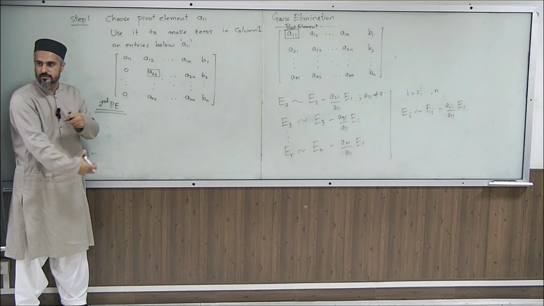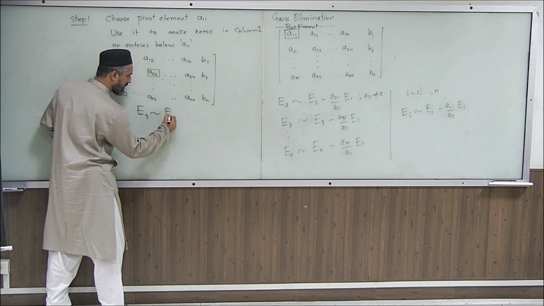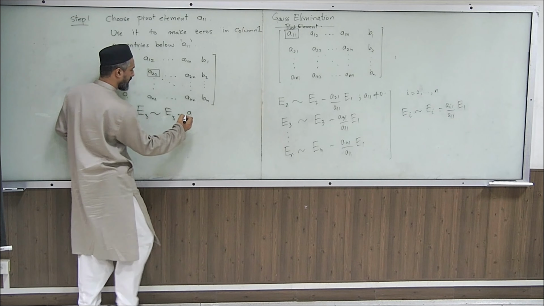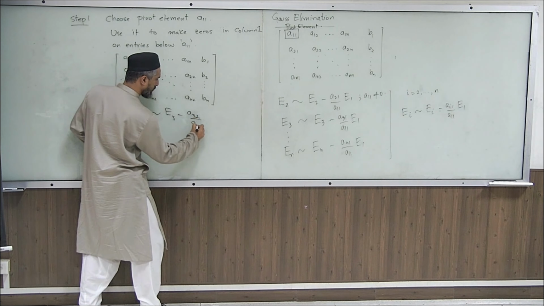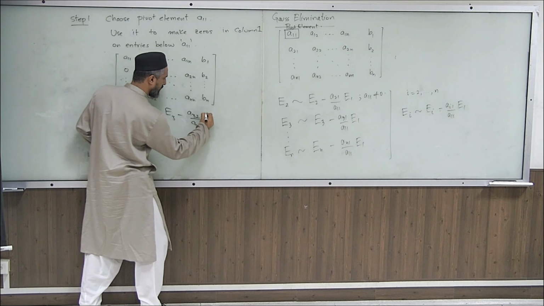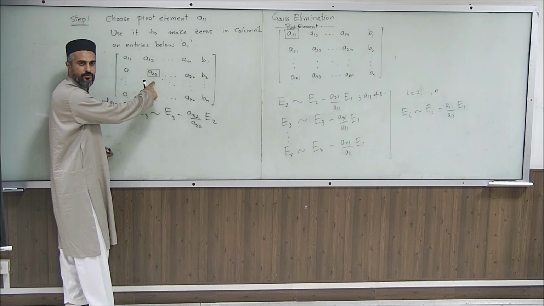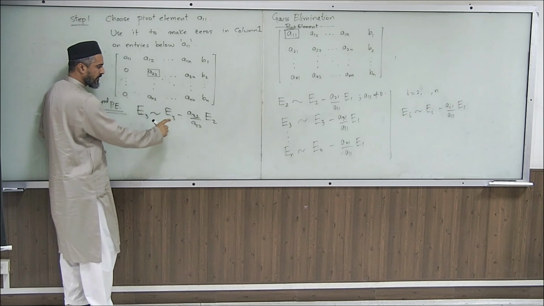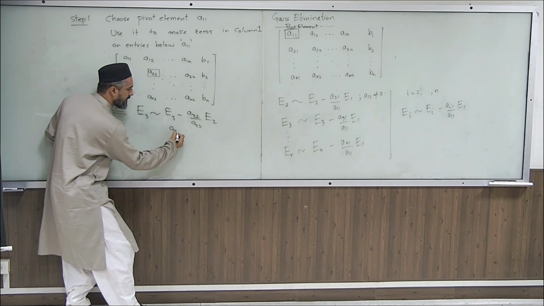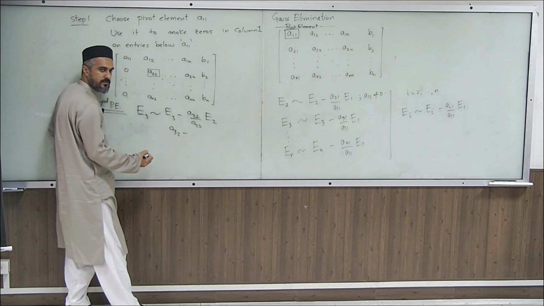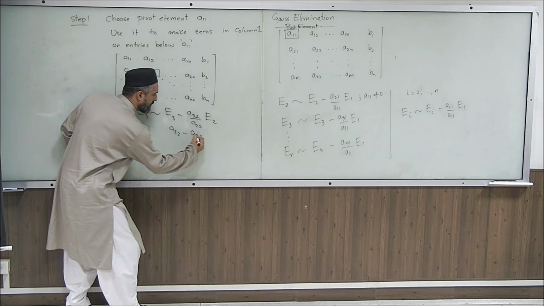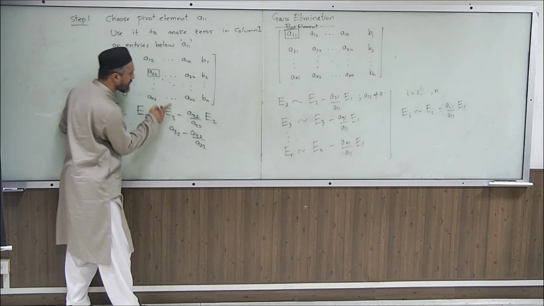The change is going to occur at row number 3, which is E3 minus A32/A22 E2. The element below the pivot is A32, so that element becomes A32 minus A32/A22 times the corresponding element in row 2, which is A22.